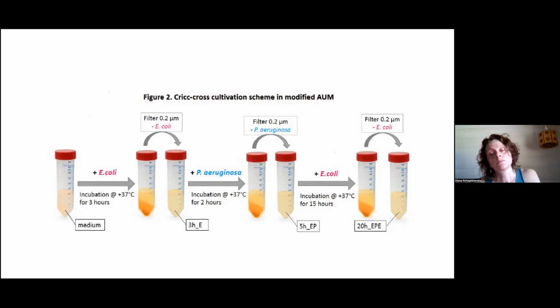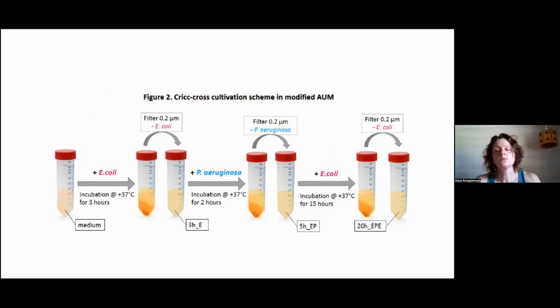And finally, we culture till 20 hours and analyze the supernatant composition in all those tubes. The hypothesis was that they are somehow using nutrients of each other or producing something that inhibits them.